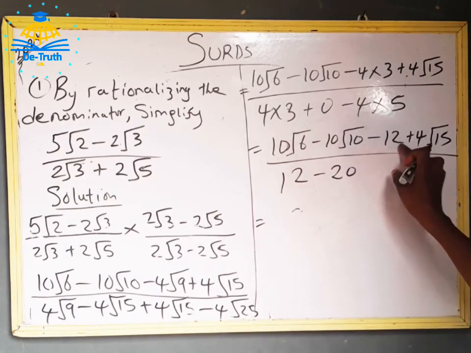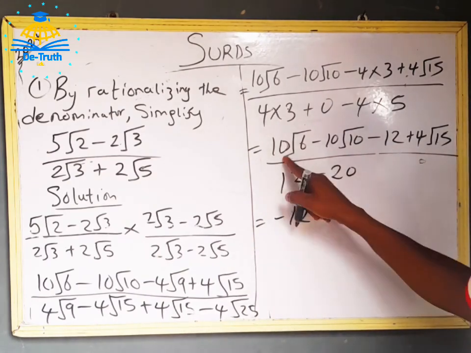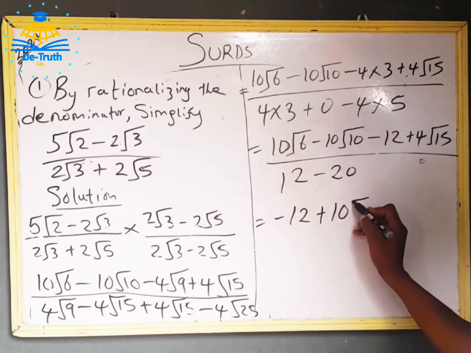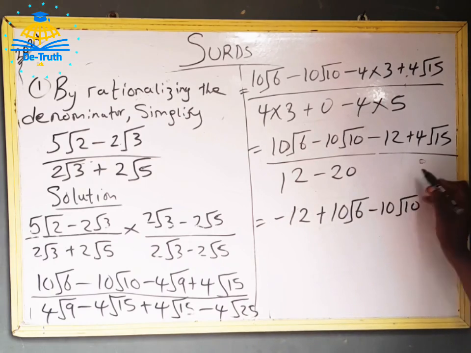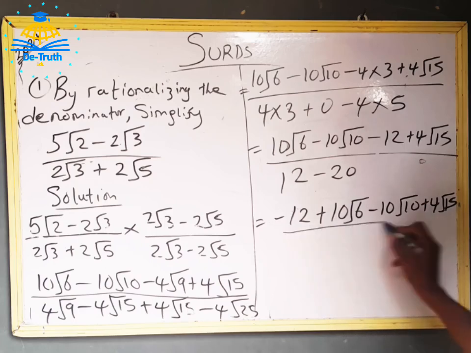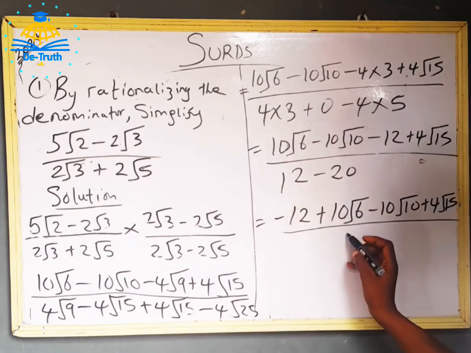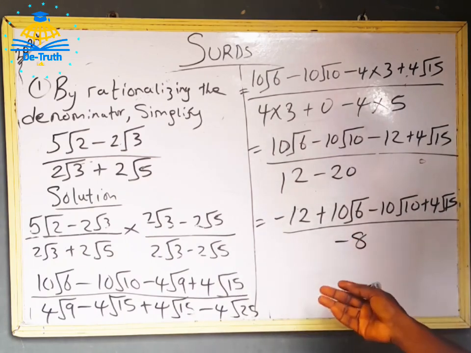So you have minus 12 here, then we have plus 10 root 6 minus 10 root 10 plus 4 root 15 all over 12 minus 20, that is minus 8.